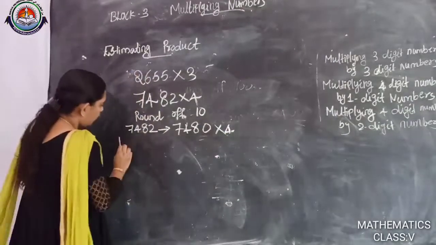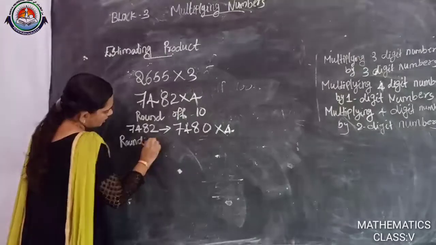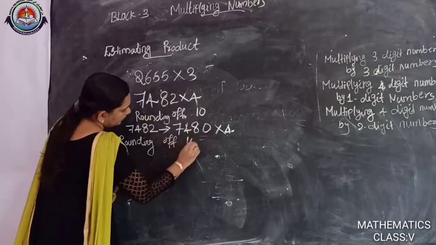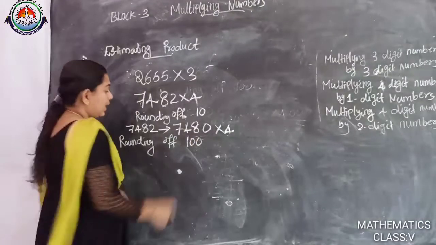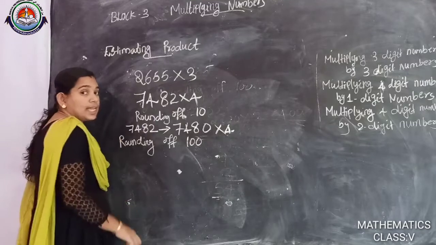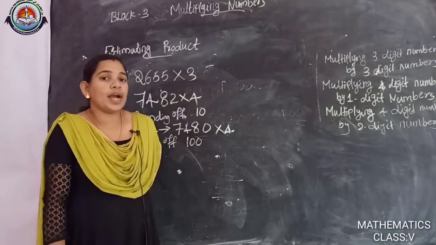Okay, then rounding off 100. Here we want to check the tens place digit. If the tens place digit is 5 or more than 5, we want to add 1 to the hundreds place digit.